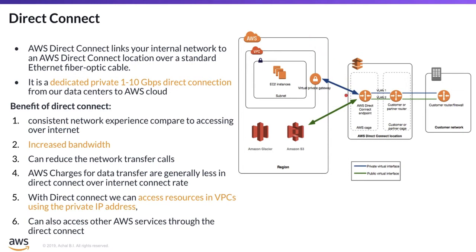The most important benefit of this kind of architecture is that you can communicate using private IP addresses with your VPCs or other AWS resources.